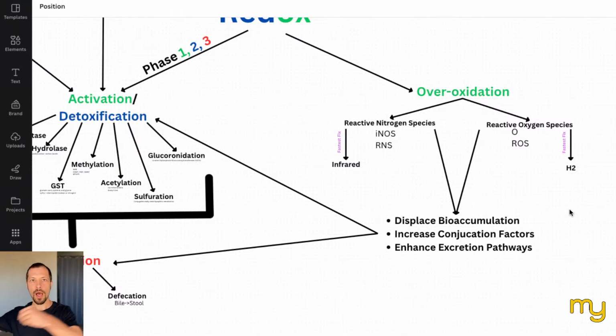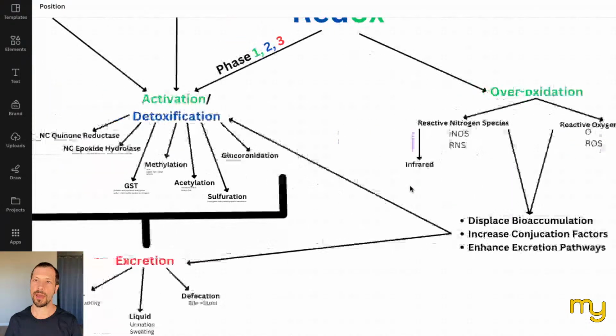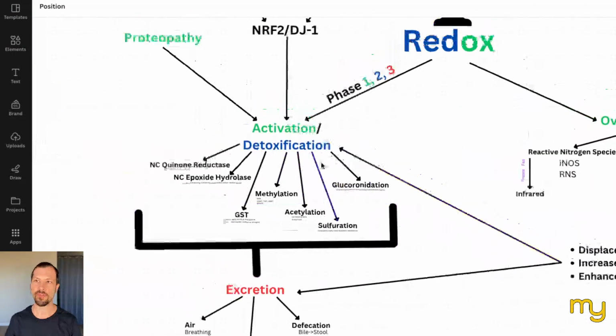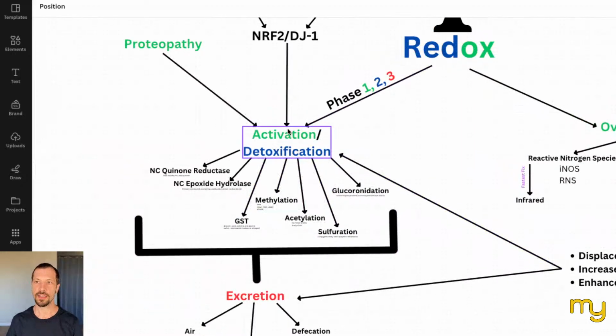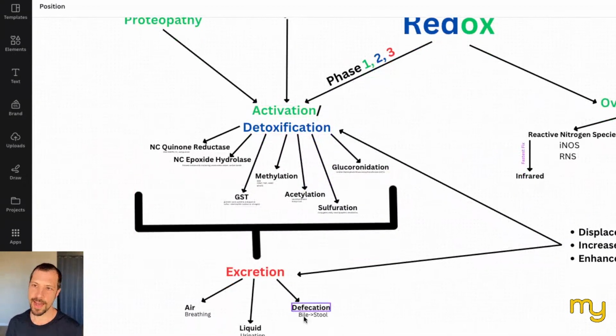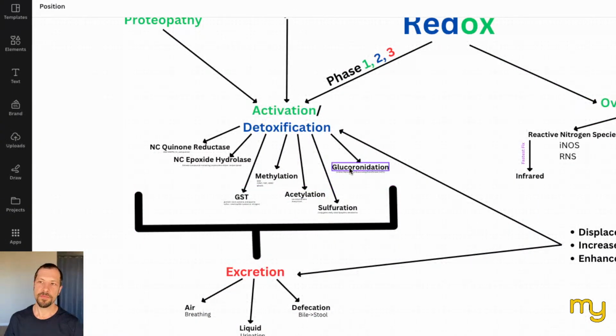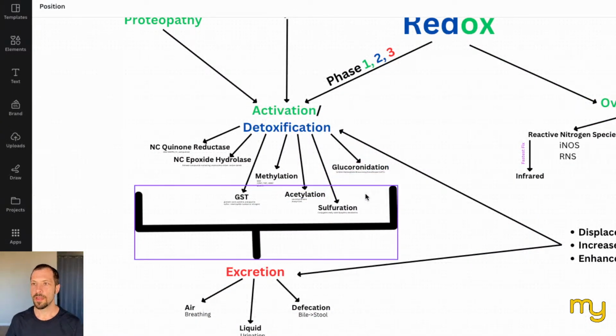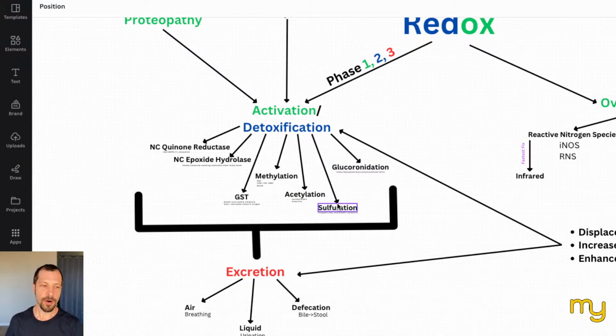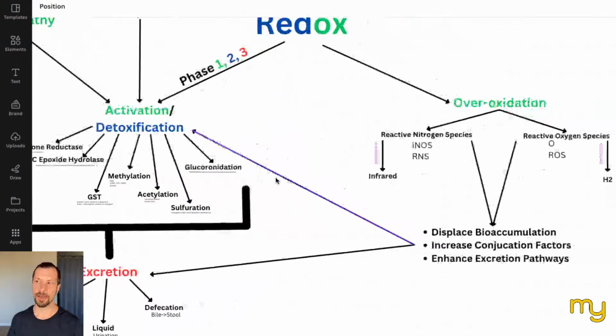And that causes you to use up all these extra factors constantly trying to detoxify these things and get them out of the body. So you'll use up glucuronidation factors, you'll use up your sulfur groups and your acetyl groups and your methyl groups if this gets unchecked.